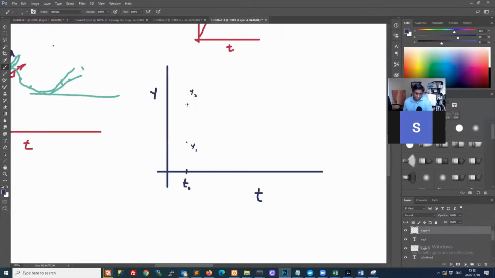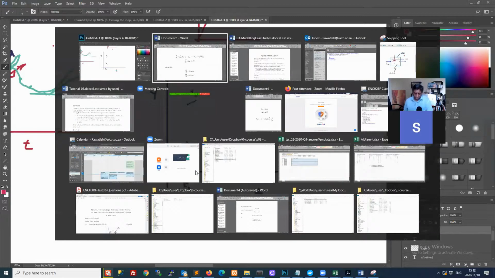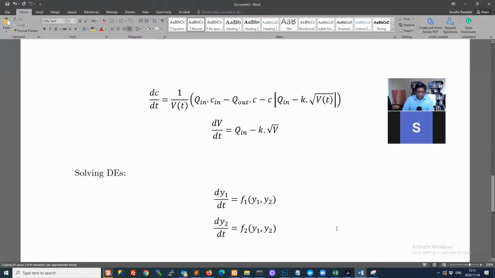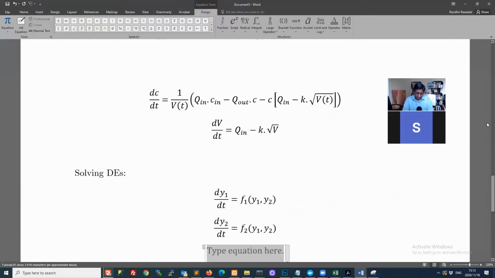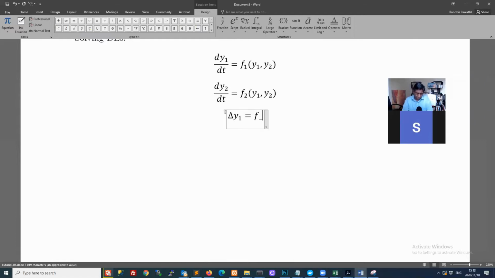And so maybe the gradient here looked like this, and then maybe the gradient here looked like that. And so we would step forward, and when I say step forward, we can say delta y1 equals f1 times delta t.